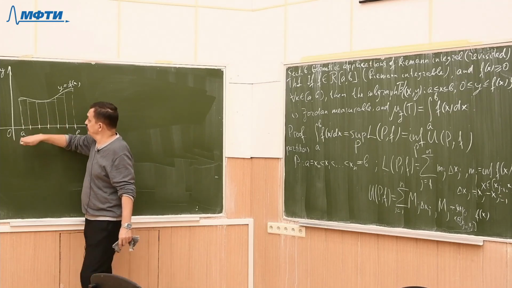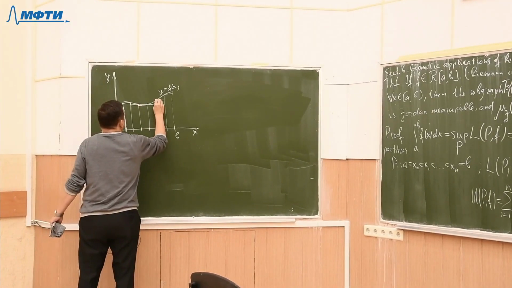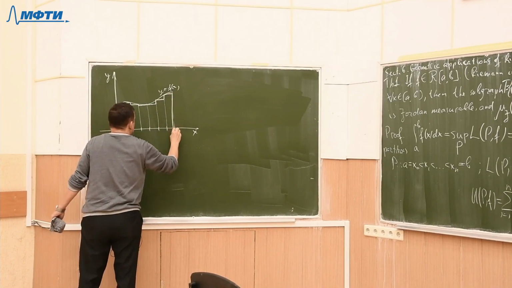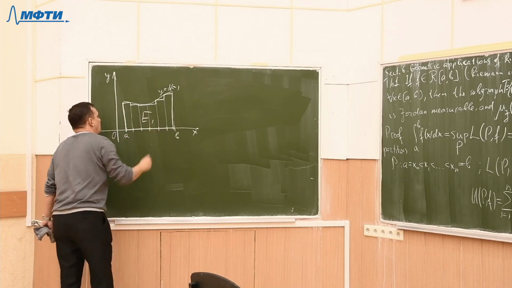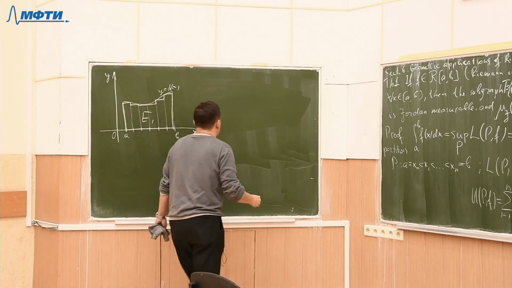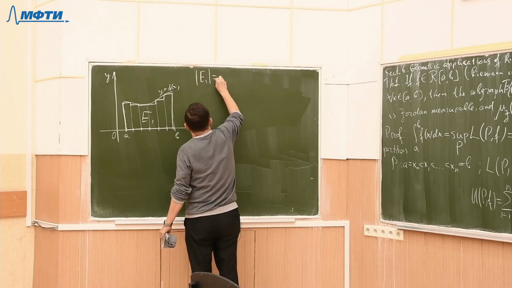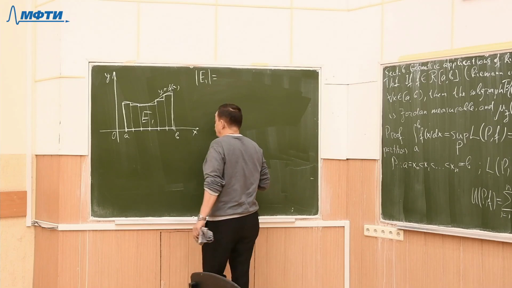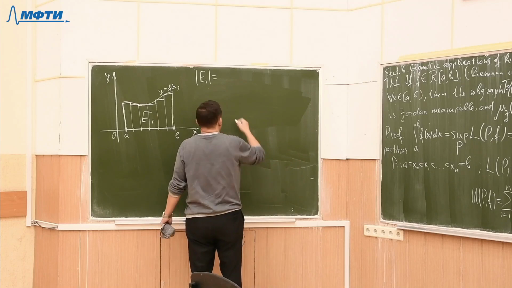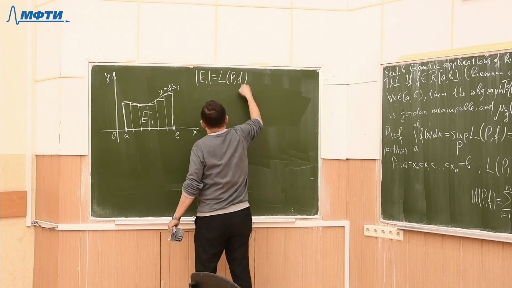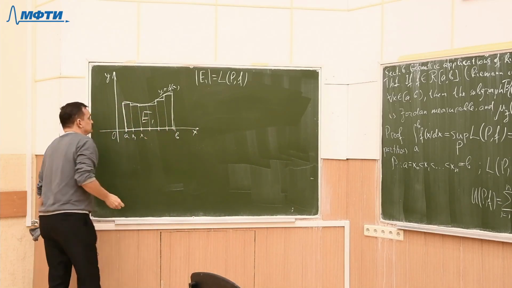And this union of rectangles is an elementary set, that is elementary set E1. So E1 is the elementary set such that its volume, two-dimensional volume means area, equals the lower Darboux sum for this partition. That is x1, x2, and so on, right?